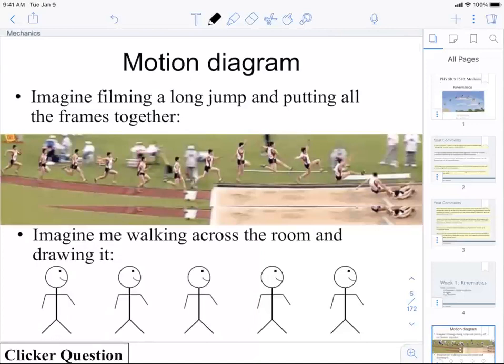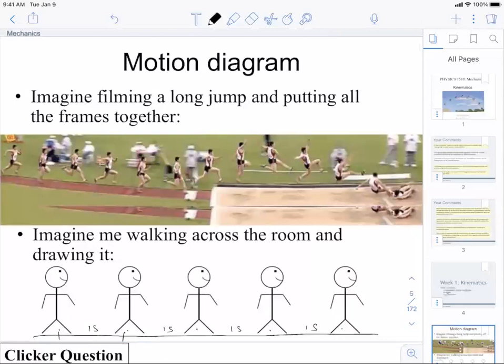You'll end up with this little diagram right here. You have one person changing her position in space as time goes on. Let's say I want you to draw my position every second. So these are equal time intervals. Here is 1 second in between, and 1 second in between, 1 second in between.